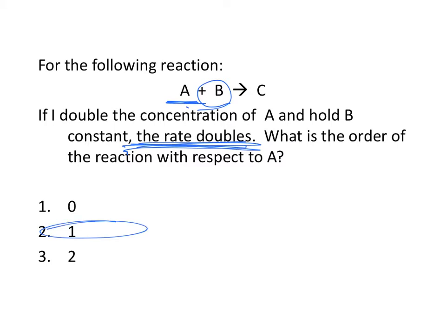The order should be 1. It would be 2 if it would have quadrupled, and it would be 0 if there is no change in the rate. So recall that, don't forget about that. Order of the reaction and dependency on a certain reactant is kind of the central thought of this chapter. Anyway, let's go forward.